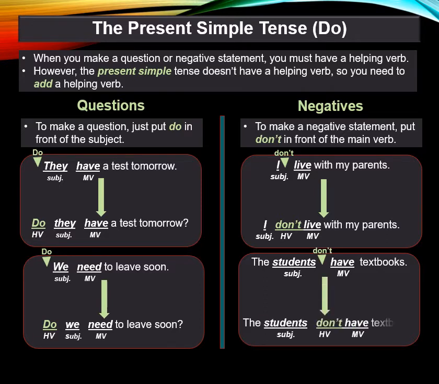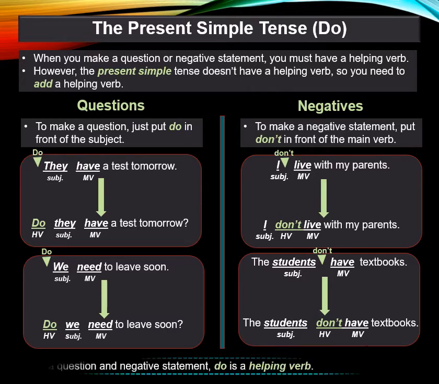Drop in don't: The students don't have textbooks. And that's how you make questions and negatives in the present simple. In a question and negative statement, do is a helping verb.